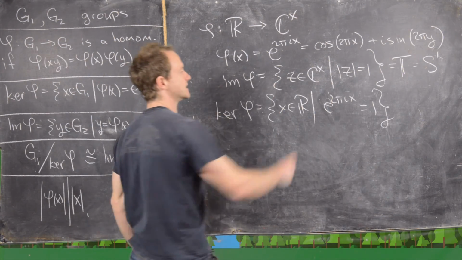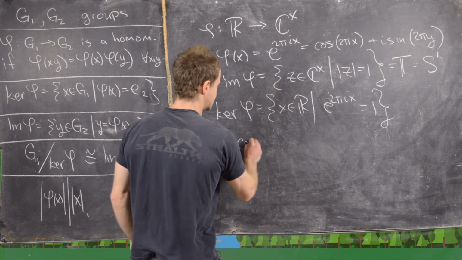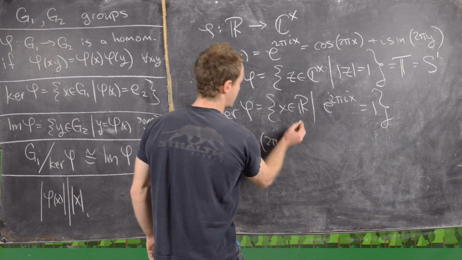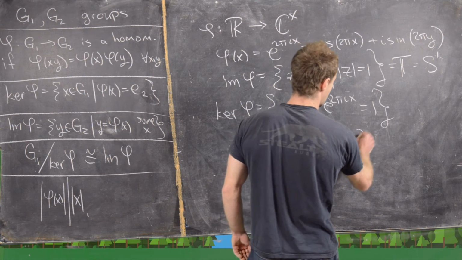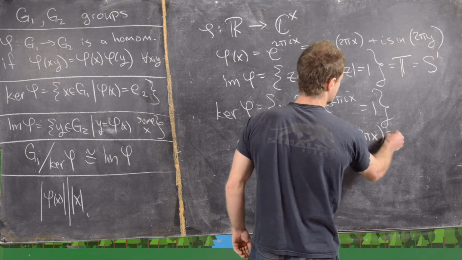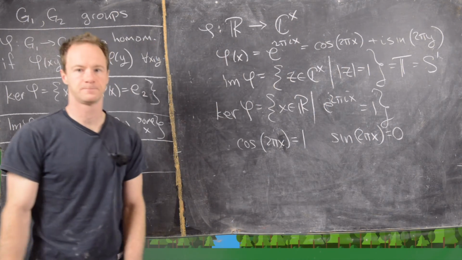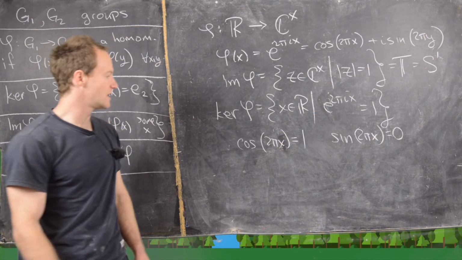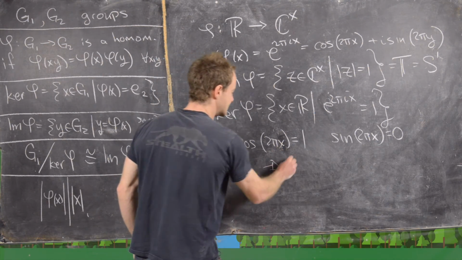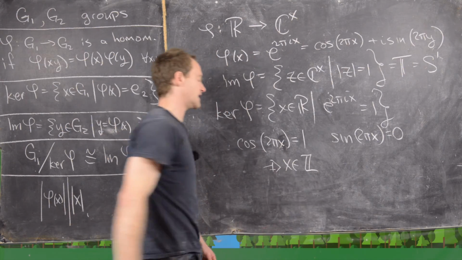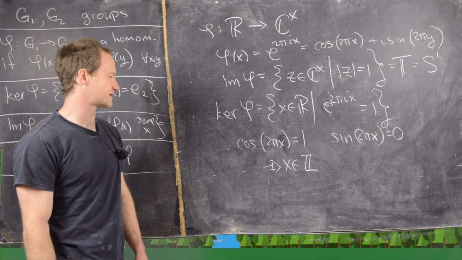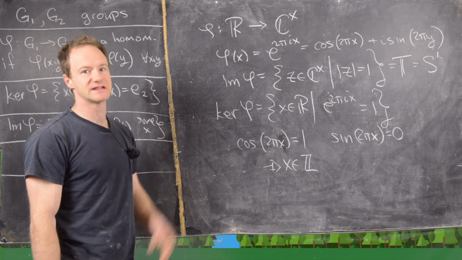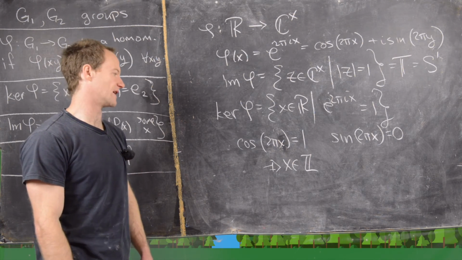But what that tells us, using Euler's formula, is that cosine 2 pi x needs to be equal to 1, and sine 2 pi x needs to be equal to 0. Okay? Good, but what that tells us is that x is going to be an integer.